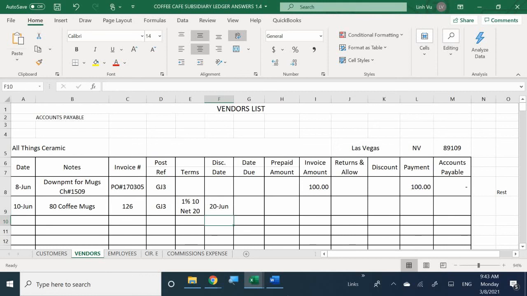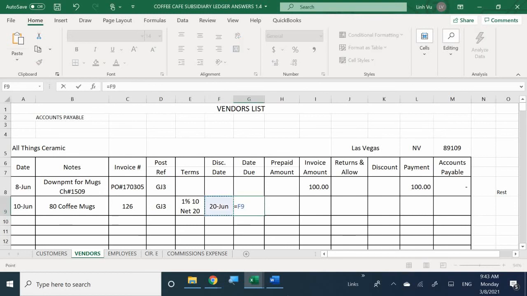So if I pay by June 20th, then I'm going to receive a 1% discount. But if not, then when is my actual due date for the whole entire thing? Then it's June 30th. Again, I used Excel to calculate it for me.